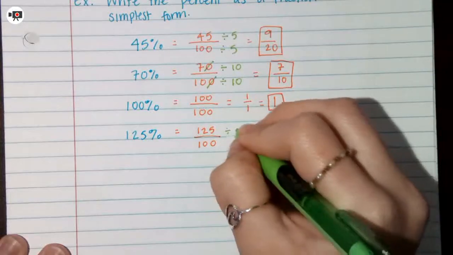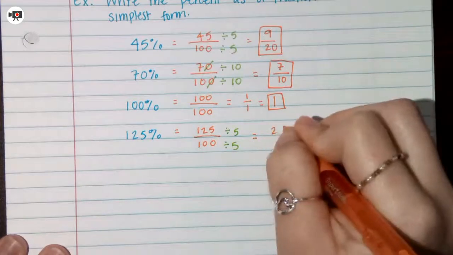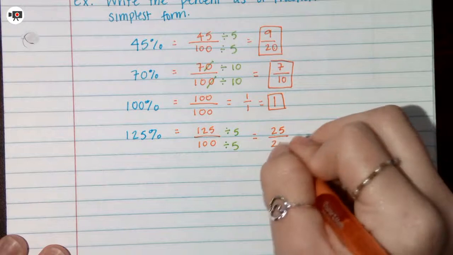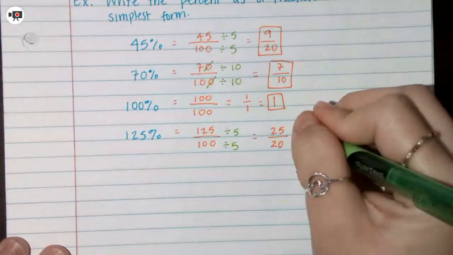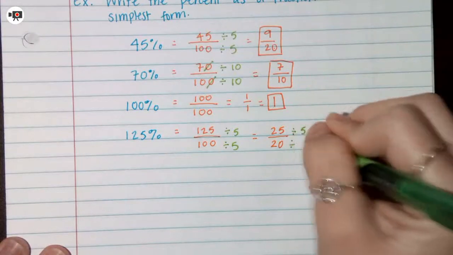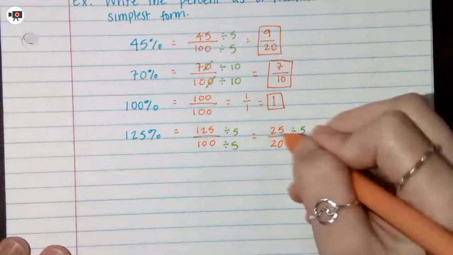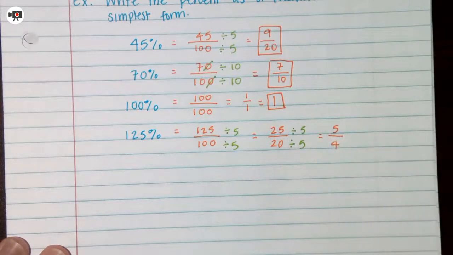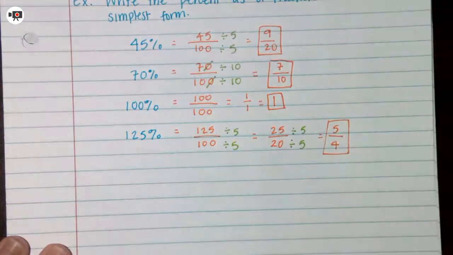I know that for sure. 125 divided by 5 is 25. 100 divided by 5 is 20. I know I can still reduce each of those by a factor of 5. 25 divided by 5 is 5. And 20 divided by 5 is 4. 5 is a prime number, so I am done.